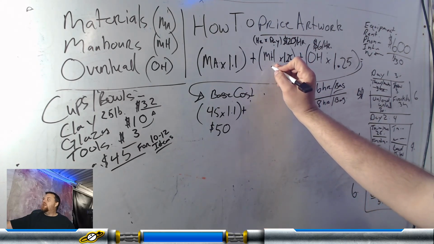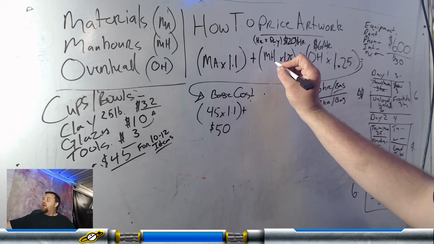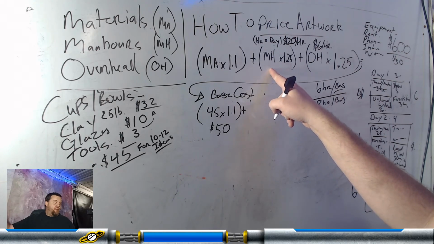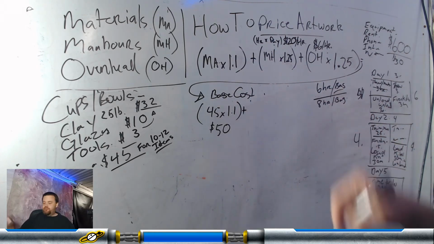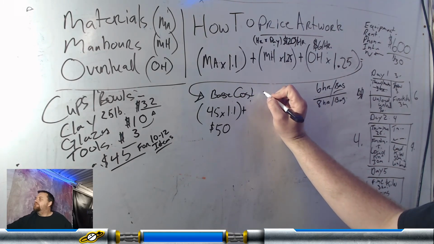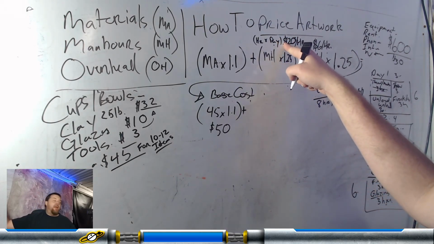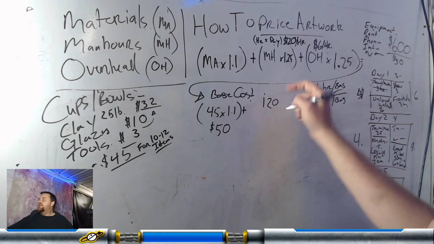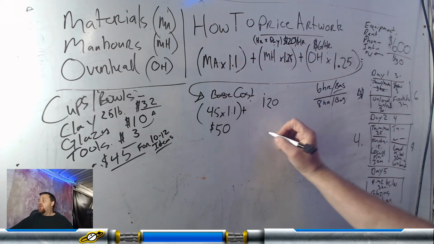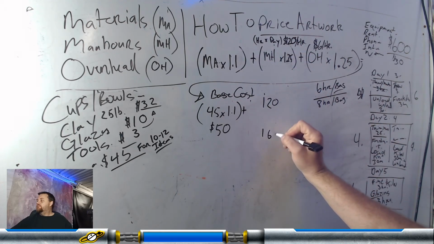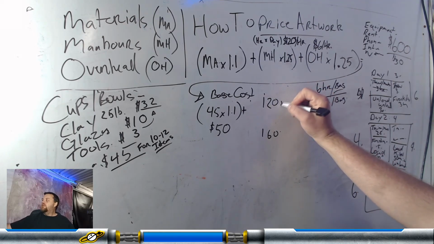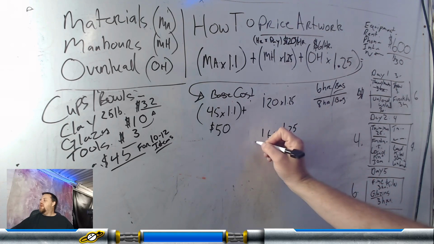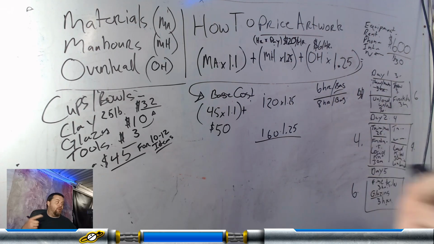All right, so man hours. We have two different numbers here. One for 6 hours a day, 6 hours worth of a bag. One for 8 hours worth of a bag. So, hourly pay at $20 an hour, we're looking at $120, or 8 hours at 20 is $160, times 1.25. 1.25 means for every 4 hours there's an additional hour.